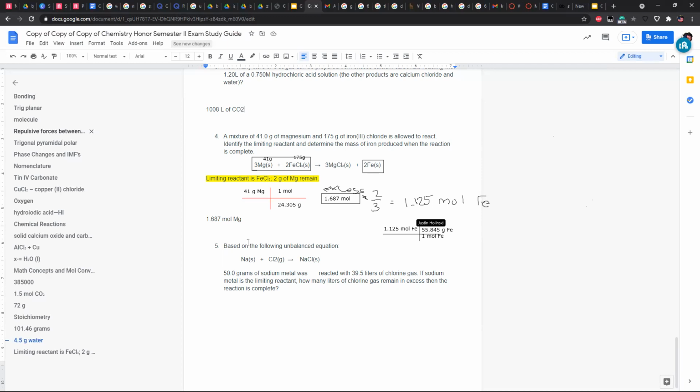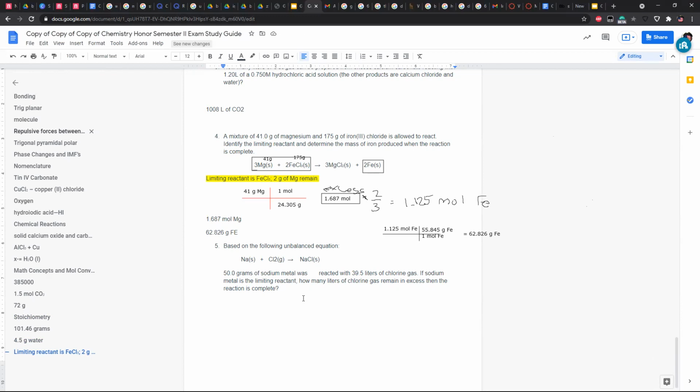So then we're going to multiply the number of grams per mole by the number of moles we have. 55.845 times 1.125, and we get 62.826. This is grams of iron. So we've answered everything they wanted us to answer. We found out that the limiting reagent is iron 3 chloride, and the mass of iron produced is this many grams of iron. Nice.